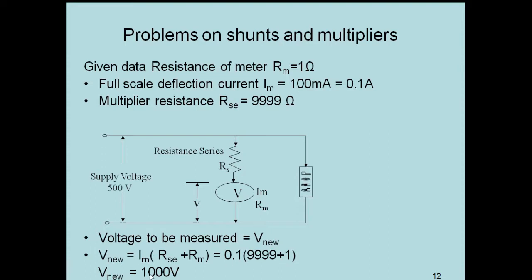The new extended range will be the multiplication of these two, that will be 1000 volts. Okay, note down, very important, these problems on shunts and multipliers.